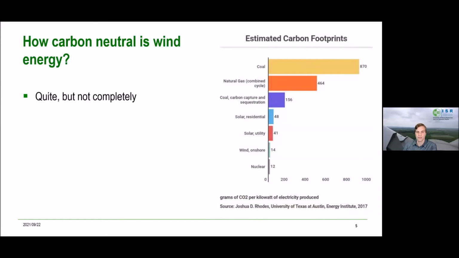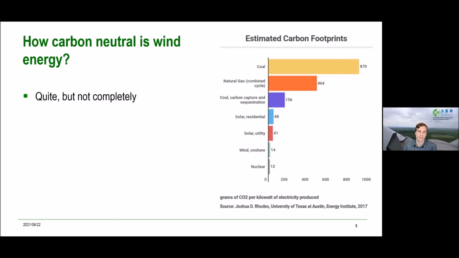If we look at large wind turbines, we see it is quite carbon neutral and better than most alternatives. But of course, there is still a residual amount of CO2 per kilowatt hour which is released. And that's for large wind turbines.